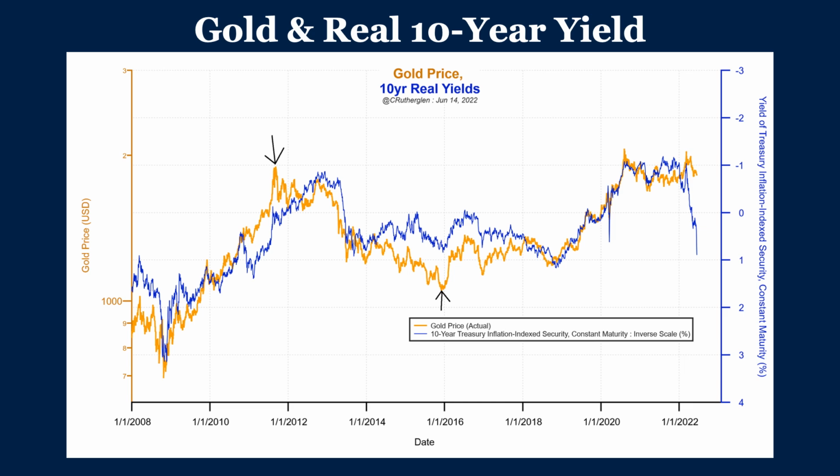Same thing happened at the bear market bottom. At the end of 2015, that's where the second arrow is. And if you look at the blue line, you can see that real yields actually made a lower low. This is, I think, towards the end of 2018. So after summer, you can see the blue line there.